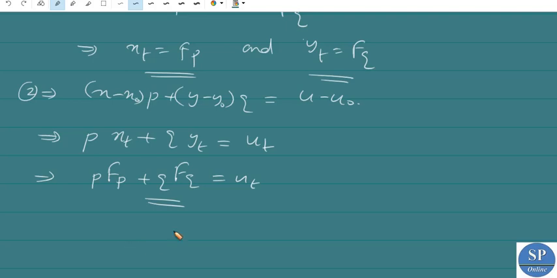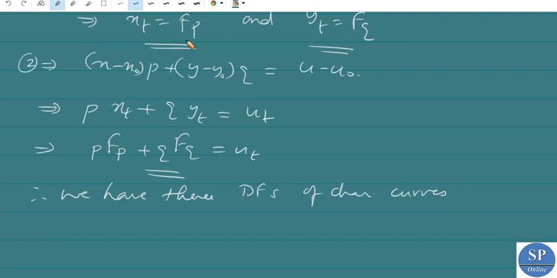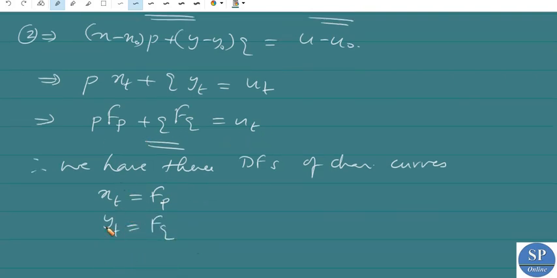Therefore we have three differential equations of characteristic curves, which are xt equal to fp, yt equal to fq, and ut equal to p fp plus q fq.